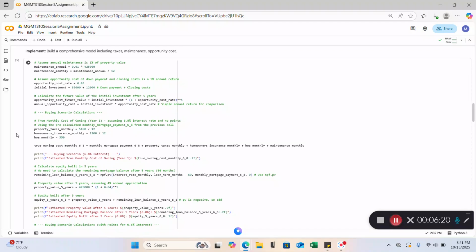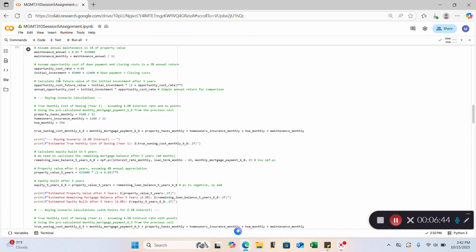So now we can move on to the implementation of building a comprehensive model that includes the taxes, maintenance, and opportunity costs. So first thing we want to do is assume the annual maintenance is 1% of the property value, which has been done. And then we can assume the opportunity cost of down payment and closing costs is a 5% annual return, which then is listed there. Then we have our calculation of the future value of the initial investment after 5 years.